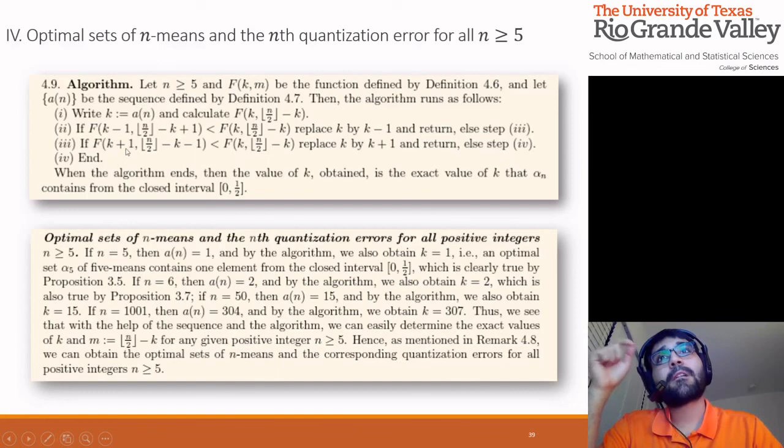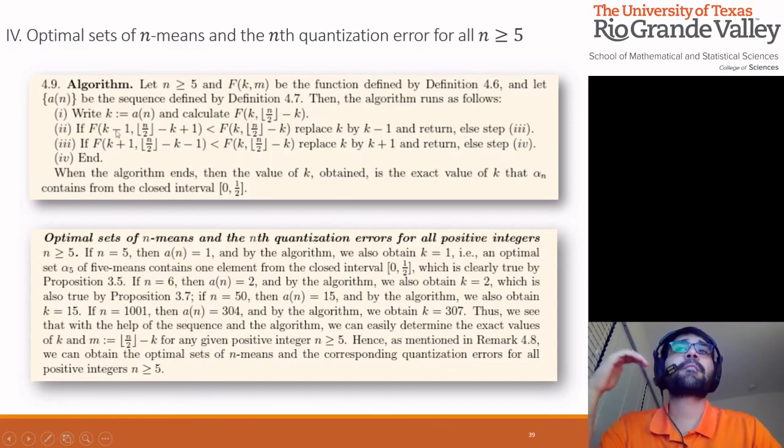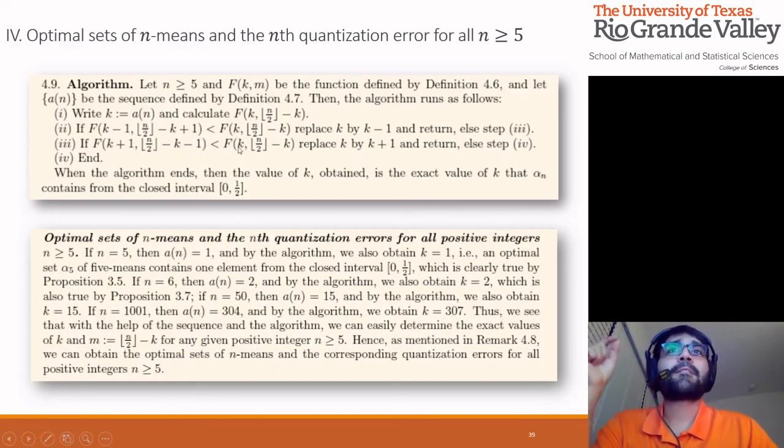If not, if the very first guess of k gives a smaller distortion error than the element before it in the sequence, then we compare it with the element after it in the sequence and check again: is the distortion error greater or less? If the original one was less than the k plus 1 element, then our original guess was correct, and k is that number.